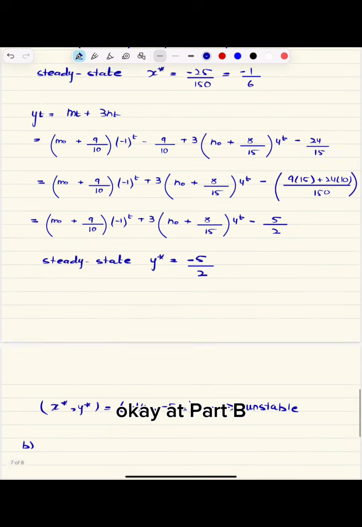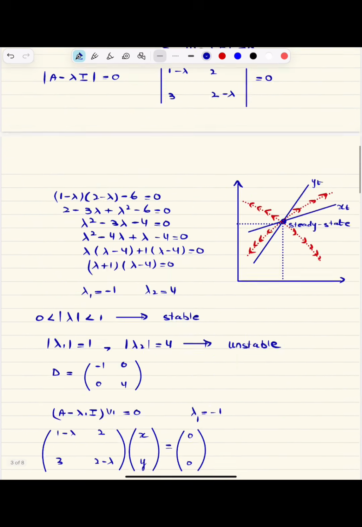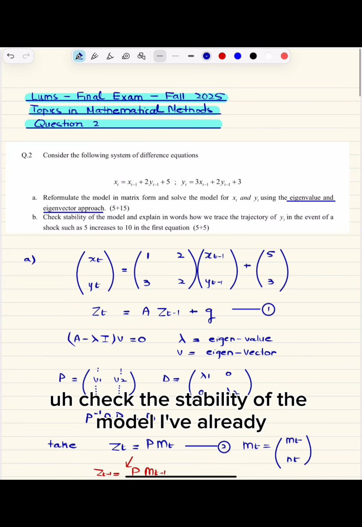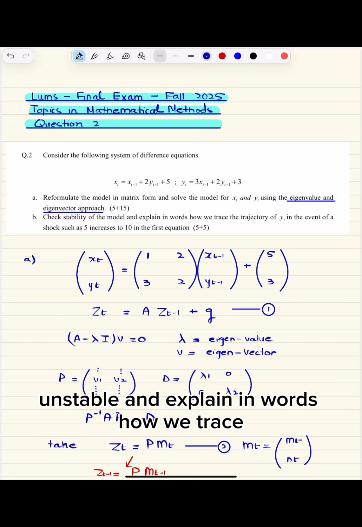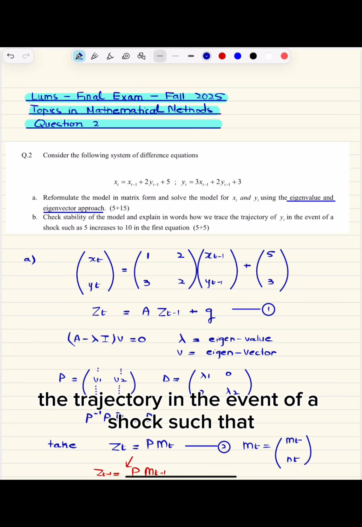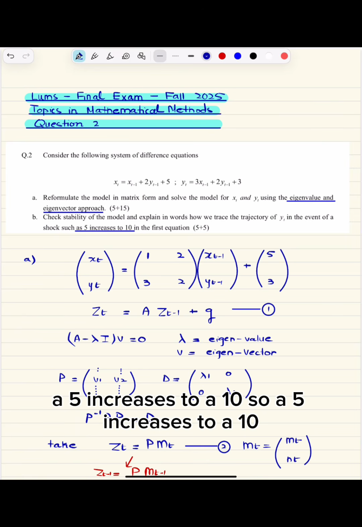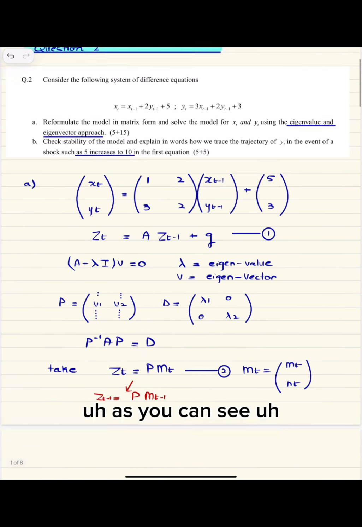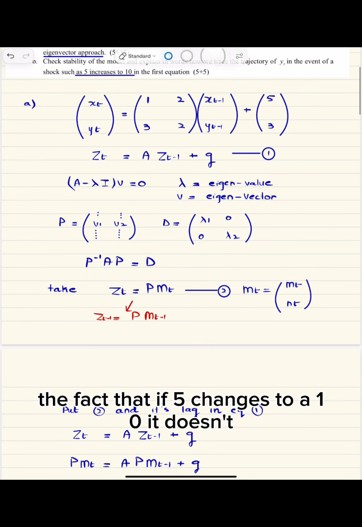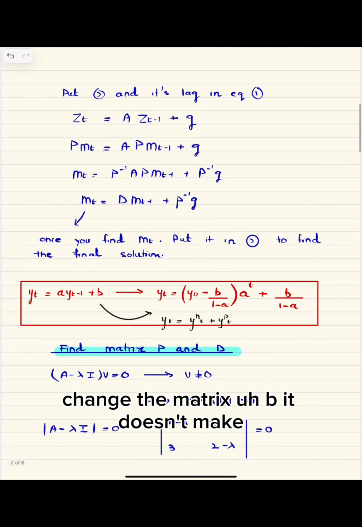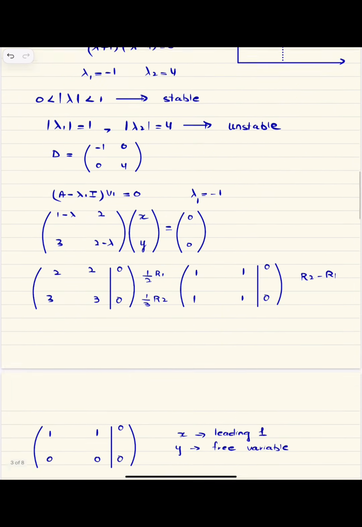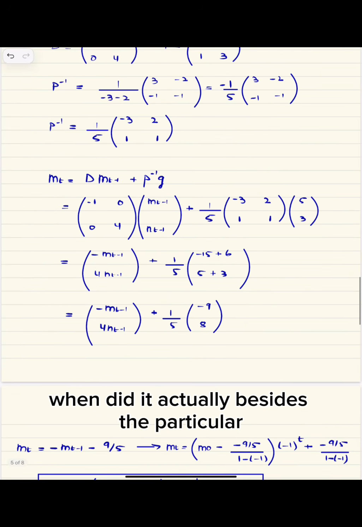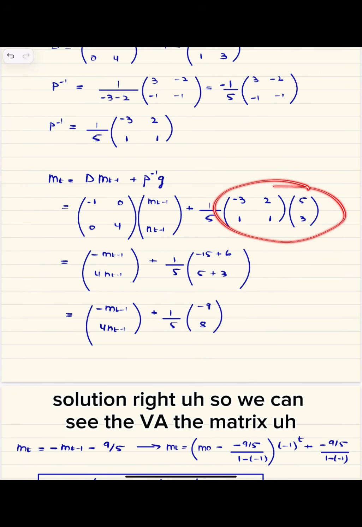Okay, at part B, check the stability of the model. I've already commented that the model is unstable, and explain in words how we trace the trajectory in the event of a shock such that 5 increases to 10. So 5 increases to 10. As you can see, if 5 changes to 10, it doesn't change the matrix D, it doesn't change the matrix P, it doesn't actually change anything besides the particular solution, right?